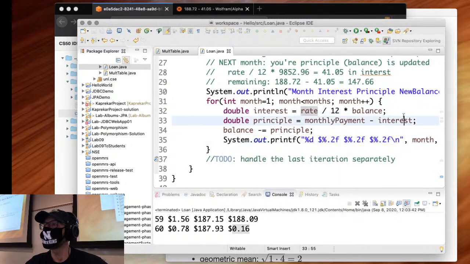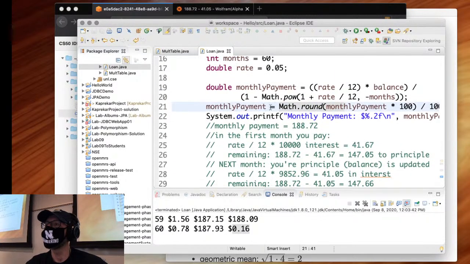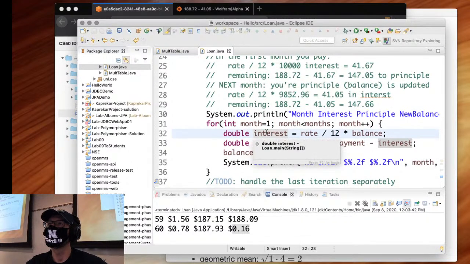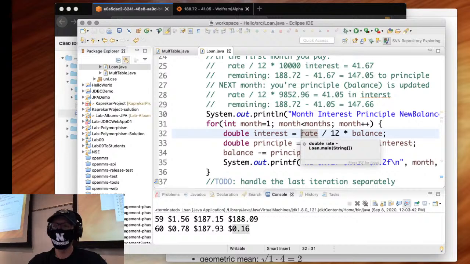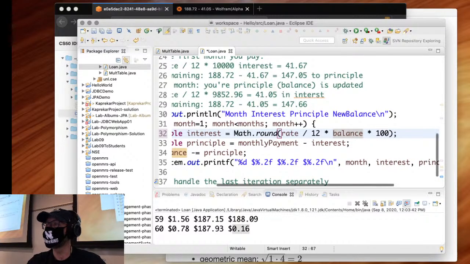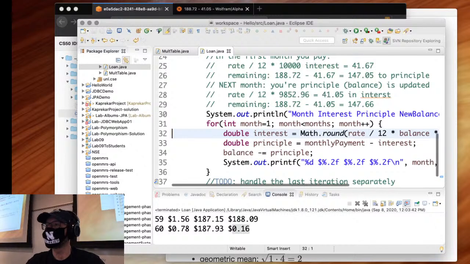But there's also another problem here that I'll mention. We rounded our monthly payment. Did we round the interest? Nope, so let's do that now. So math.round of this. And then multiply by 100, right? Then divide by 100.0 because of that truncation issue.